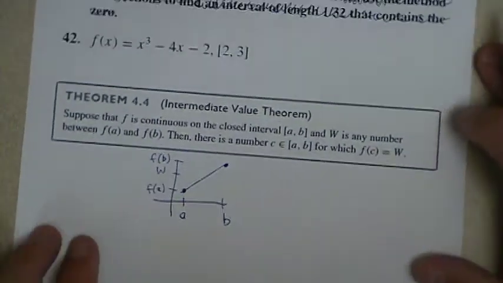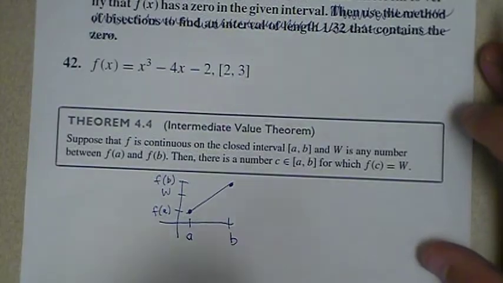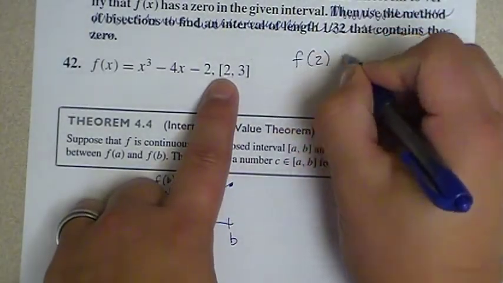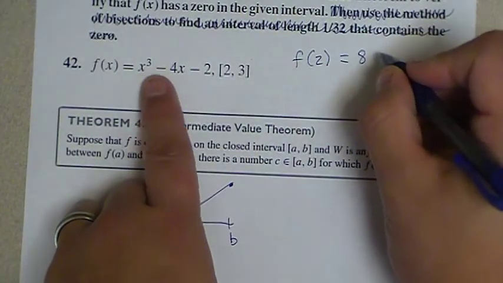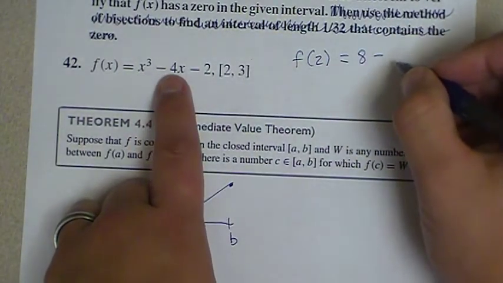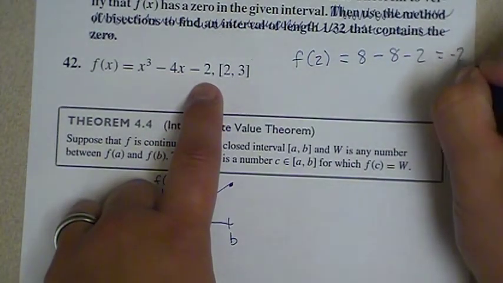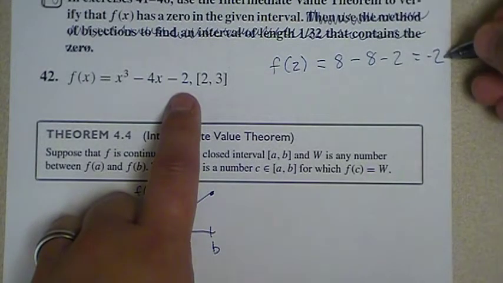What we want to use in 42 is the fact that at 2, check out what happens to this function. F of 2 on this graph is what? 2 cubed, which would be 8, minus 4 times 2, which would be minus 8, and then minus 2. So f of 2 is negative 2.